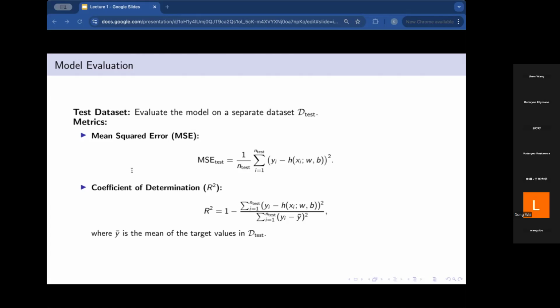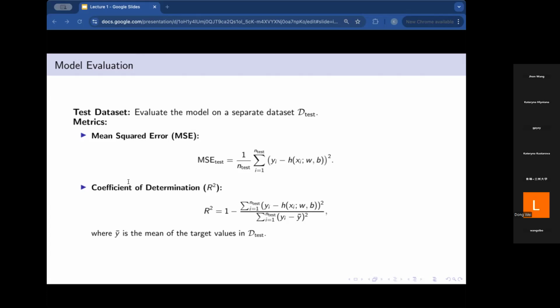In this case, the residual sum of squares is a summation of the squared difference between yi and h of xi, w, b, divided by the total sum of squares, which is a summation of the squared difference between yi and y bar. Here, y bar is the mean of the target values in the test dataset.